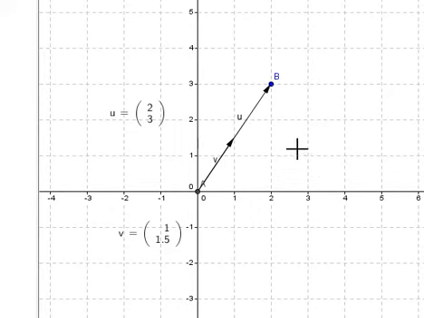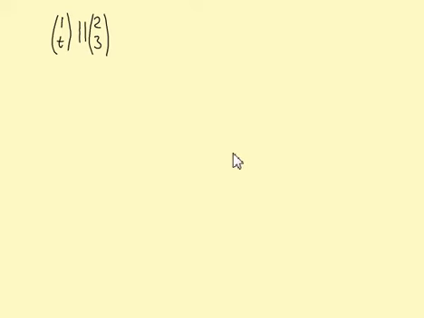So we can for example say that vector u is some scalar times vector v, which we apply to solve this problem algebraically. So now some scalar a times the vector 1, t equals the vector of coordinates 2 and 3.